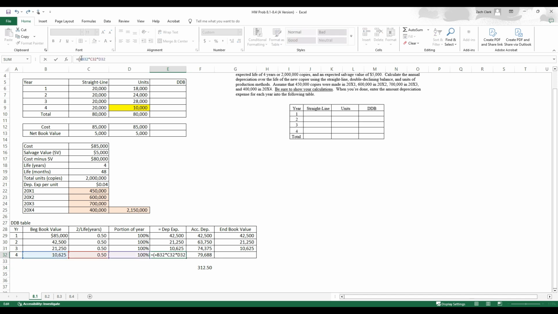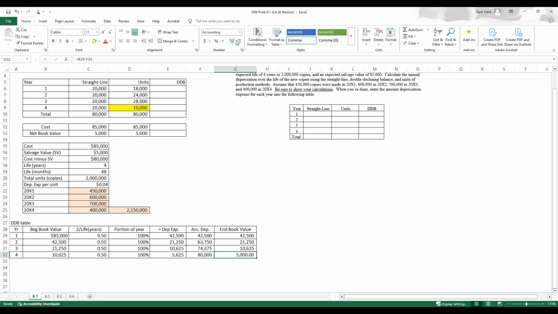So we can just go into this formula, put some parentheses there so it does the order of operations right, and then just add 312.5, manually add extra depreciation expense, and that will bring up our ending accumulated depreciation to 80,000 exactly. And then our ending net book value becomes 5,000, which is what we're expecting.